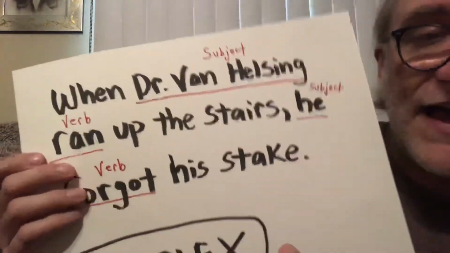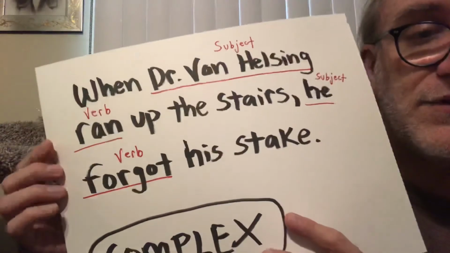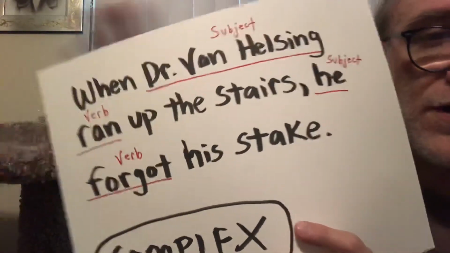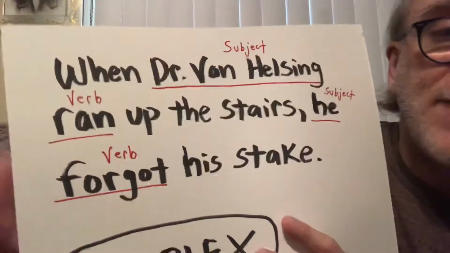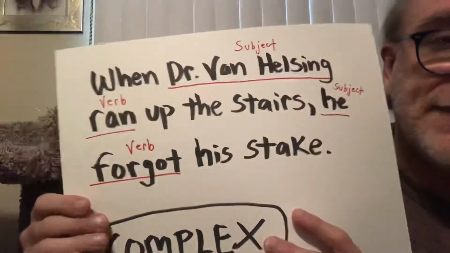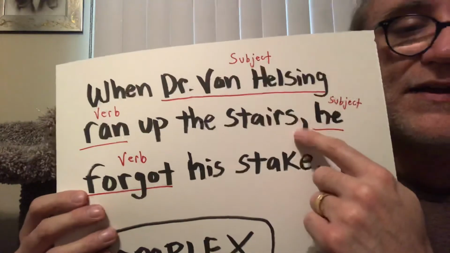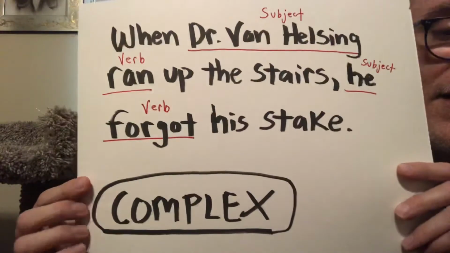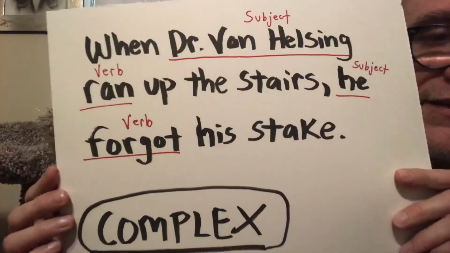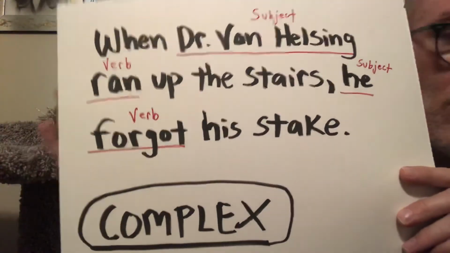If I said that, then I wouldn't need to actually include a comma. The when would just flow on from there. It's only when the dependent clause begins the sentence that we have to separate the dependent and the independent clause with a comma. Okay?